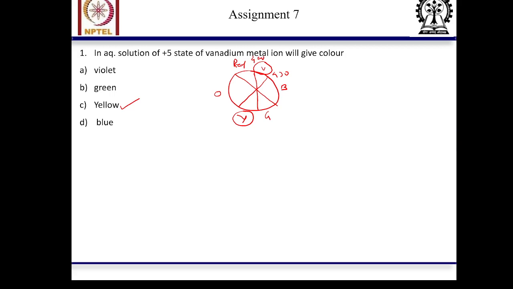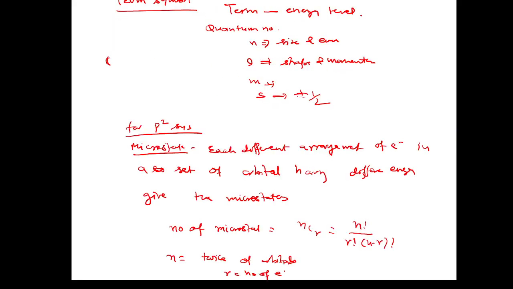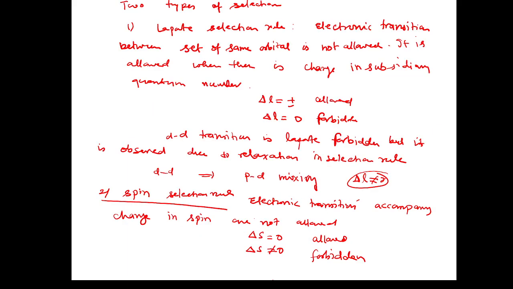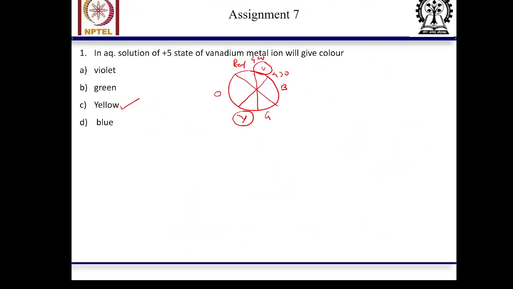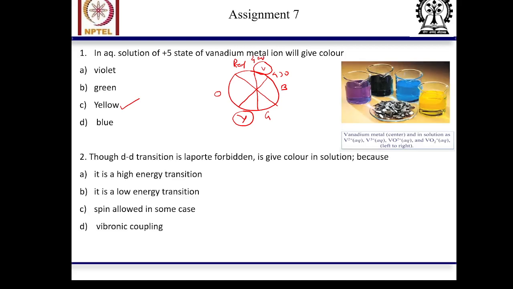So I have written why the d-d transition is Laporte forbidden, but still we are seeing the d-d transition. The reason is the p-d mixing, and that is because of the vibronic coupling.